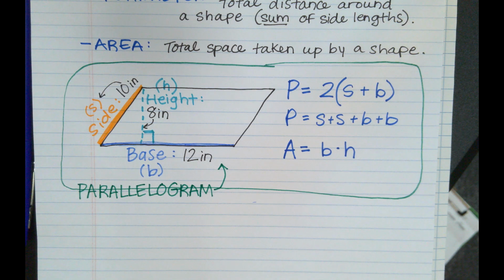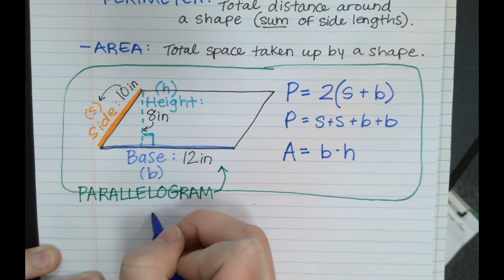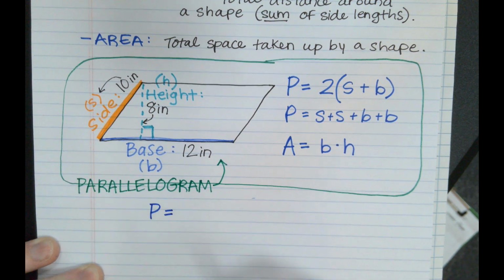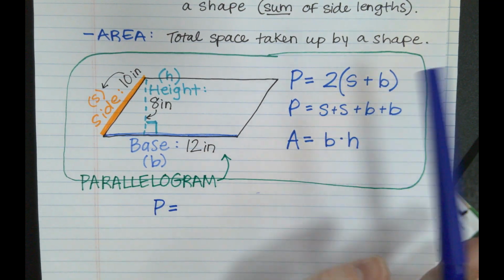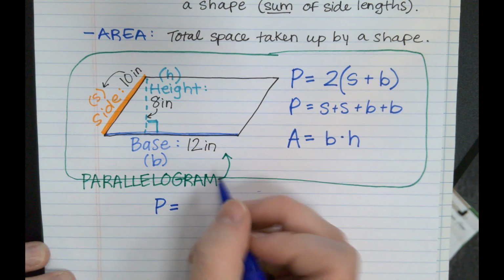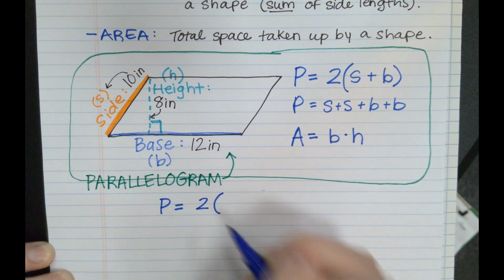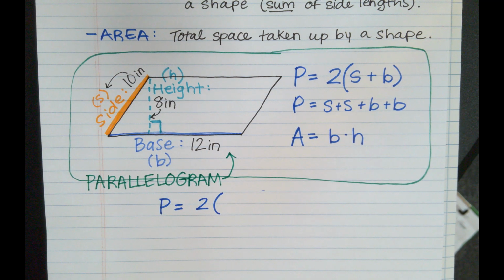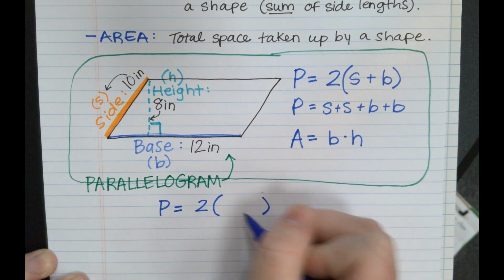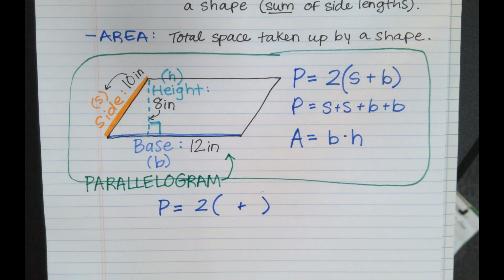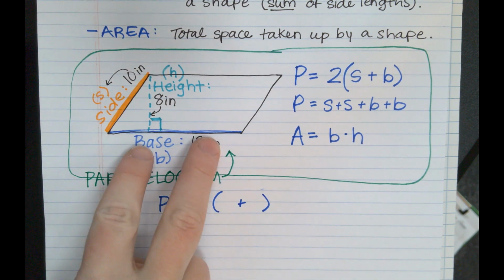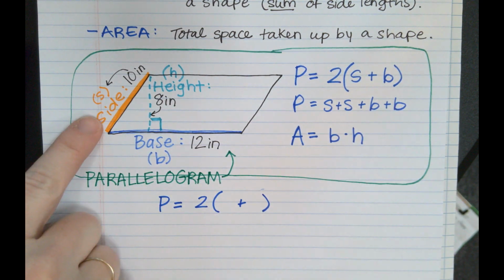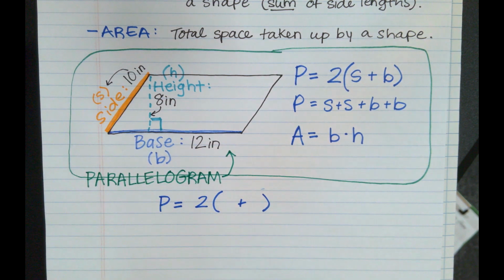So first, let's find the perimeter using these numbers. So I'm going to start by using that formula there. So perimeter equals 2 times, what numbers do I plug into here? 10 is the side, 12 is the base. Yes. So 10 and 12.